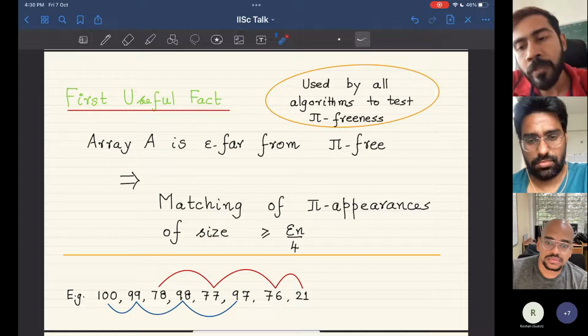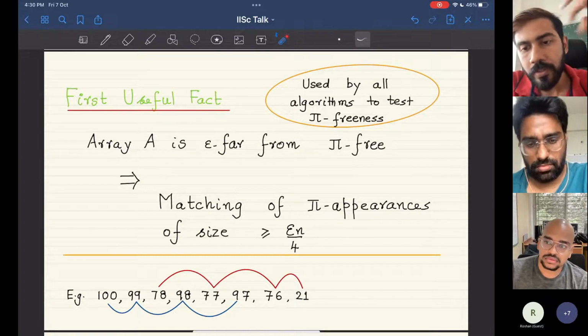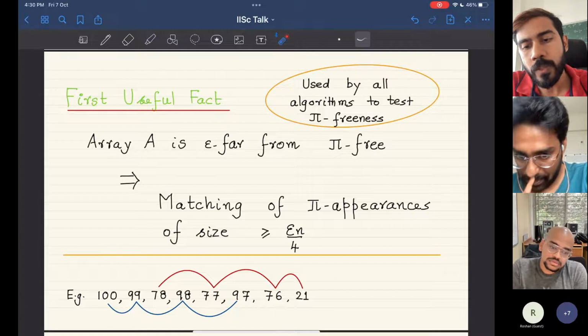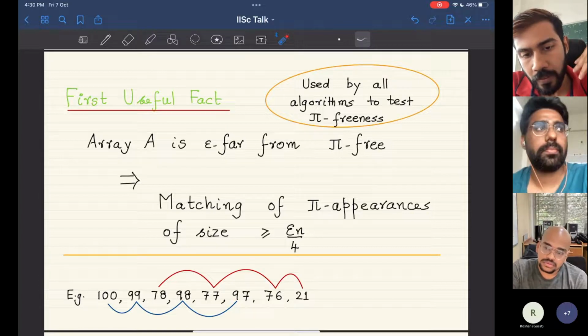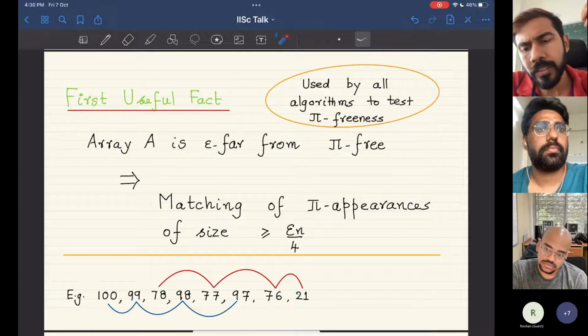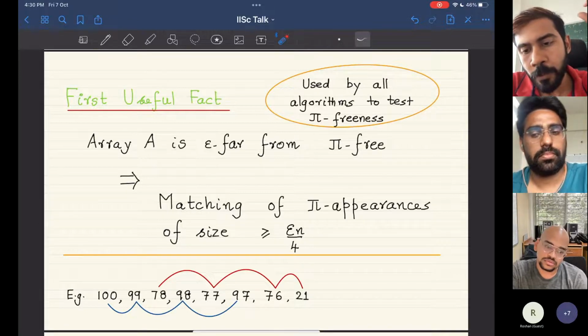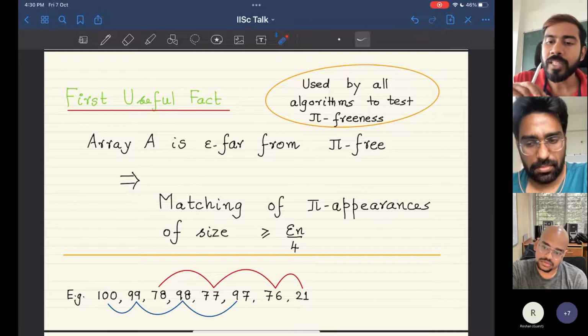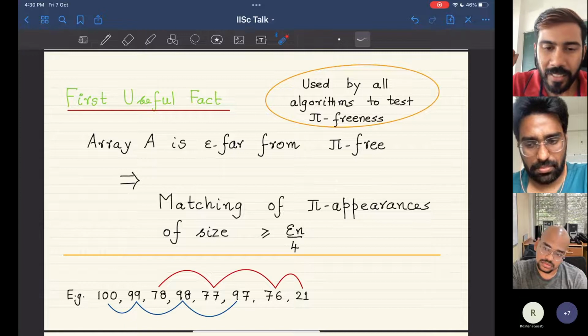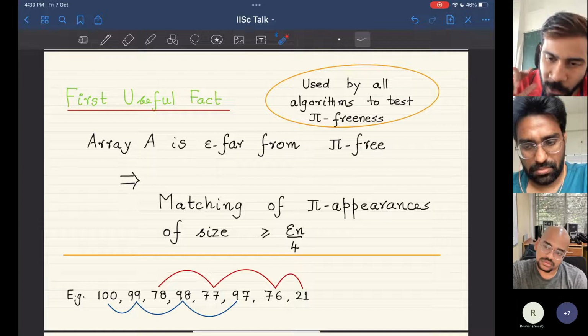So the array is epsilon far from being pi-free, which means at least epsilon n values need to be changed in order to make it pi-free. If you think about it, it's a simple argument. Each time you modify an array value, you are in some sense killing a pi appearance. Each array value that you modify is useful for killing some pi appearance.